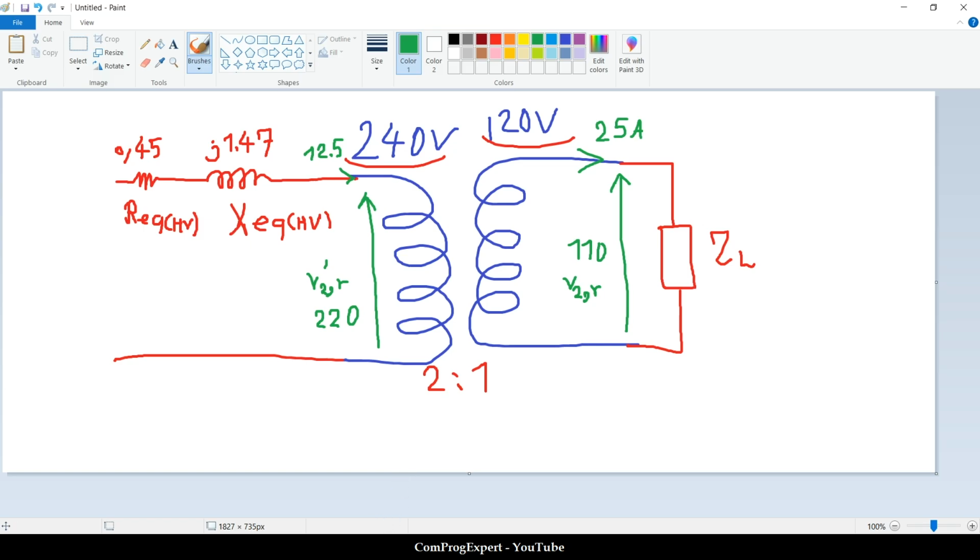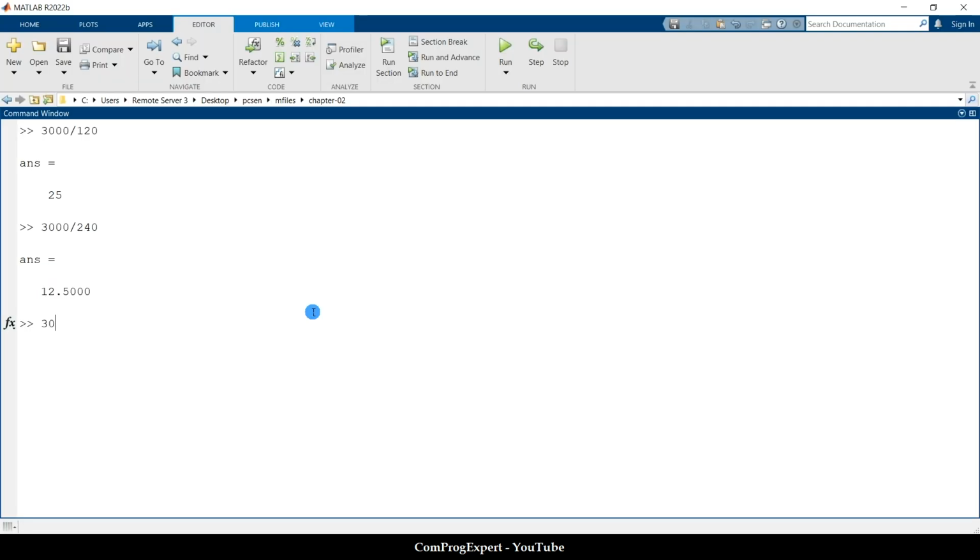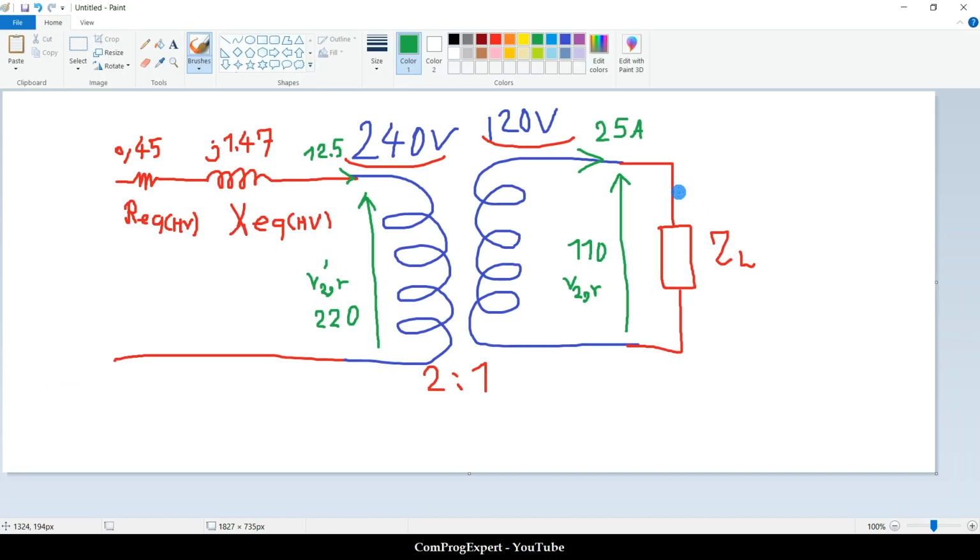Here, as you can see, the rated value of the voltage of the load is 110. Is the rated current of the load equal to 3000 divided by 110? That is 27.27? No, because if we consider this number, the load current will be equal to 27.27.